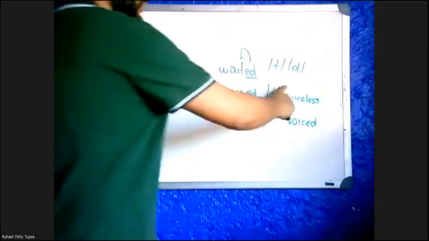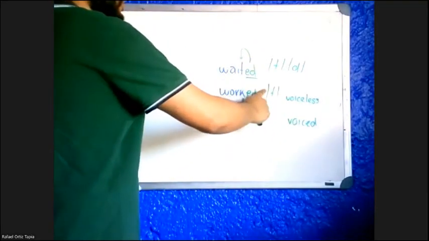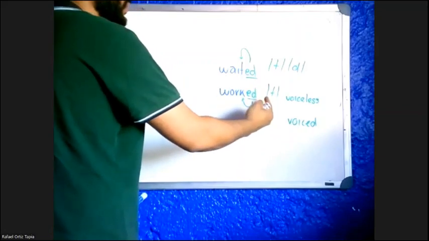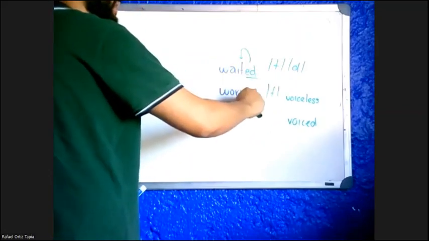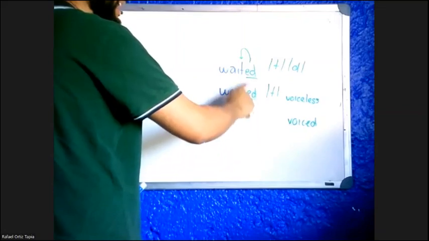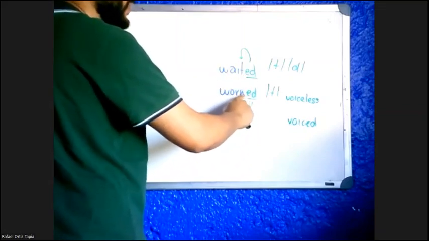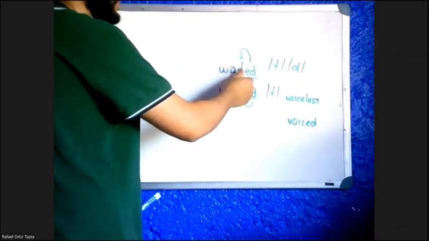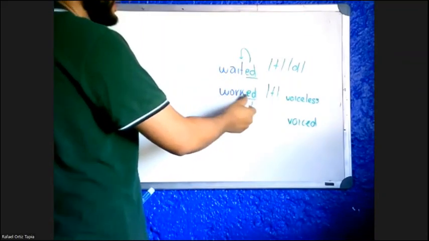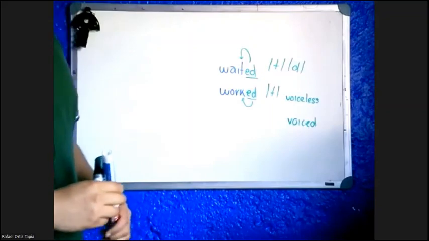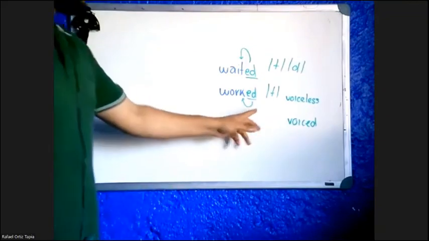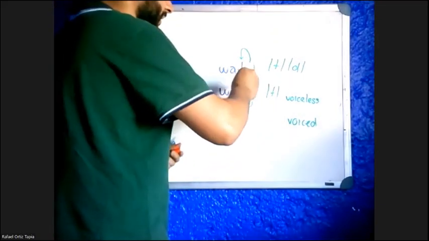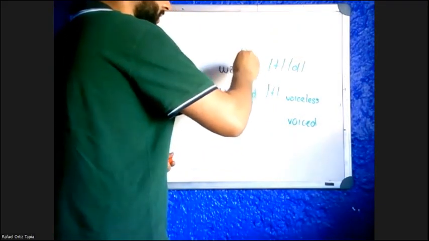What I'm trying to say is, if you want to know how to pronounce the ED, you need to have in mind what you have before the ED. ¿Qué clase de letra o sonido realmente tengo antes de la ED? Porque si no, a nosotros nos van a dar ganas de decir wait, bueno, wait sí se dice así, pero nos van a dar ganas de decir work it, ¿no? Entonces, para evitar eso, tienen que fijarse muy bien en esta letra.